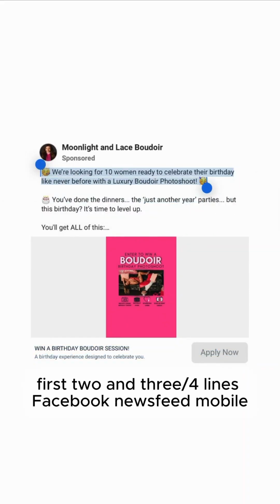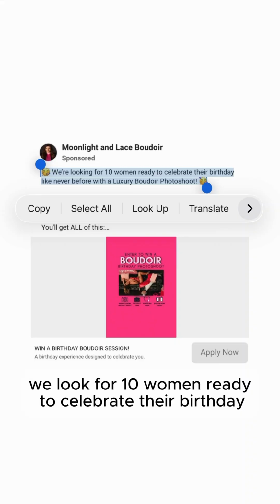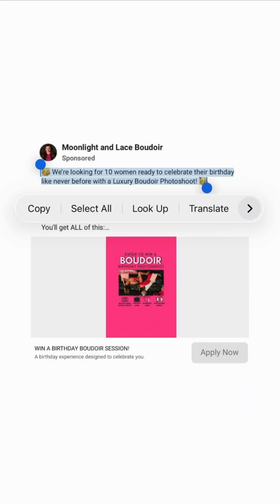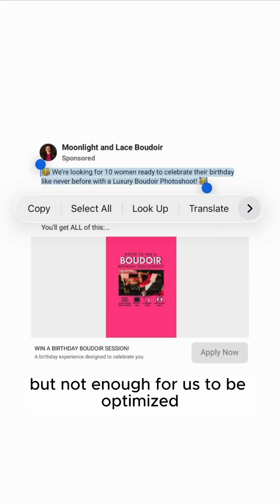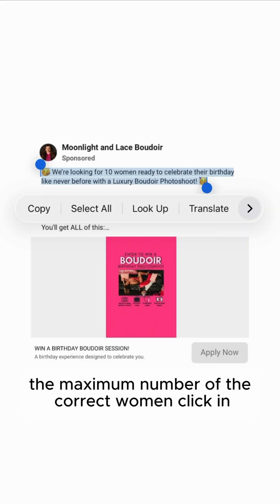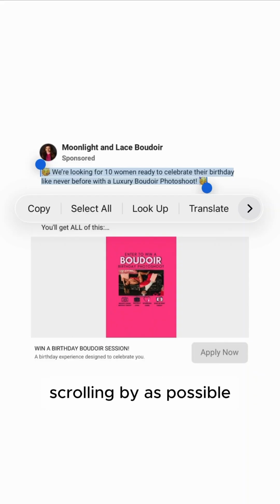Finally, we're looking up here to see more headline. First 2 3/4 lines, Facebook newsfeed mobile. So let's say we look for 10 women ready to celebrate their birthday like ever before, luxury boudoir photo shoot. All right, so yeah, lack of context mistake here. We've got a few context points, but not enough for us to be optimized, having the maximum number of the correct women click in, and as many of the wrong women scrolling by as possible.